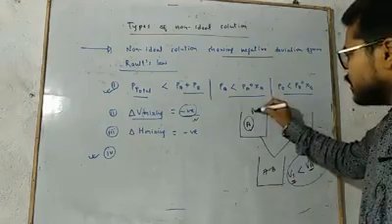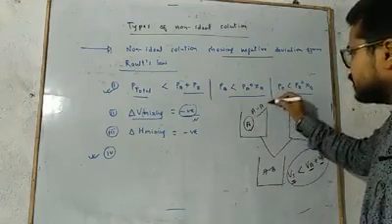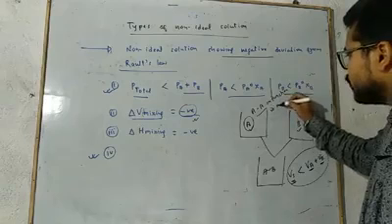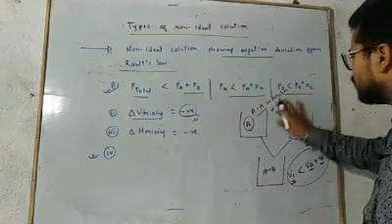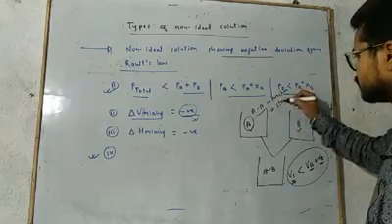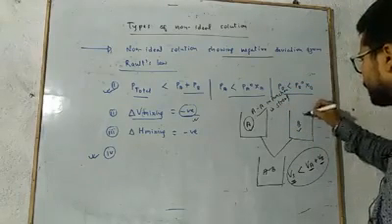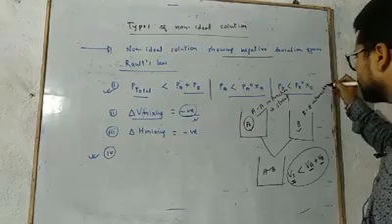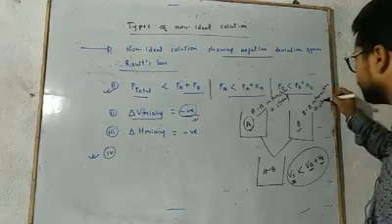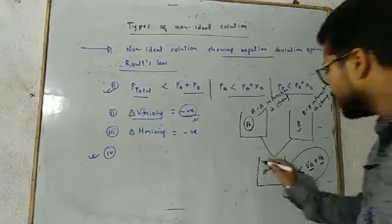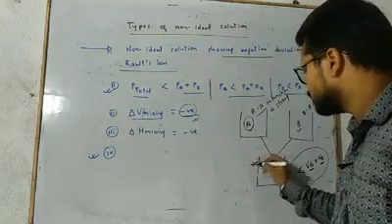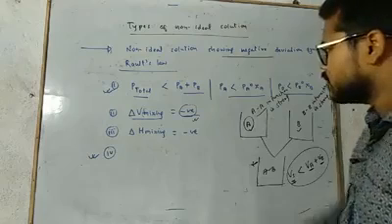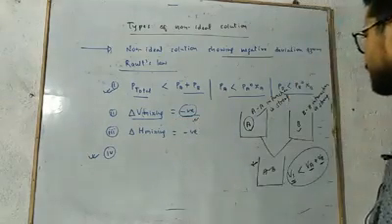When AA interaction is weak, and BB interaction is weak, but AB interaction is strong.